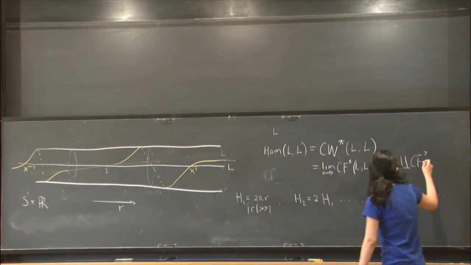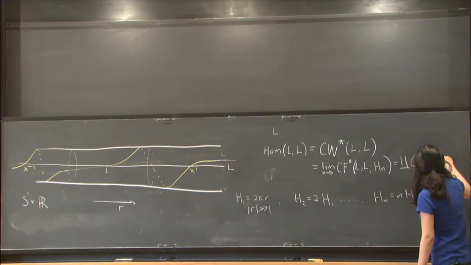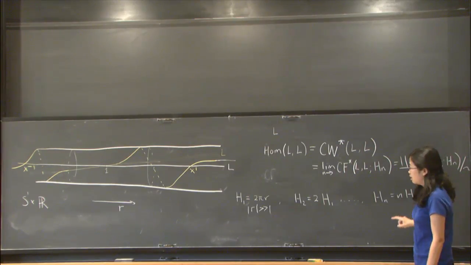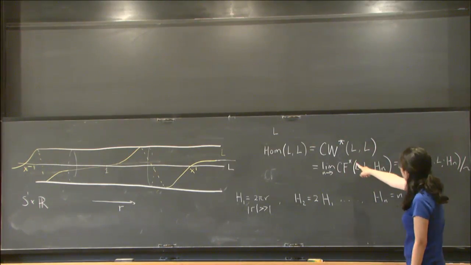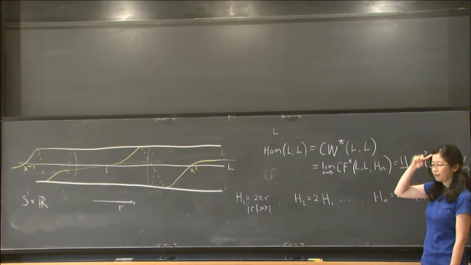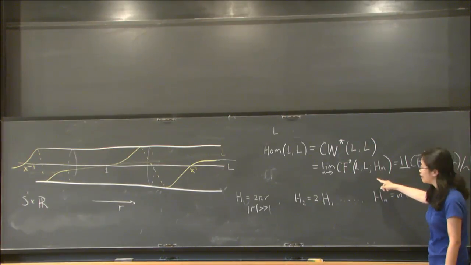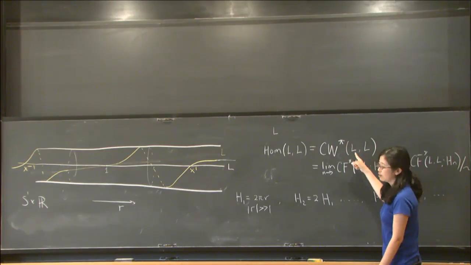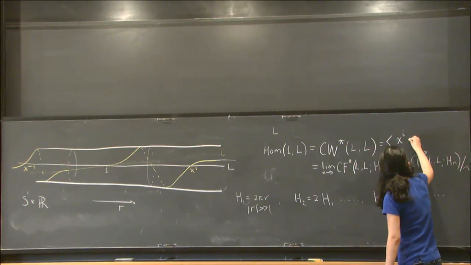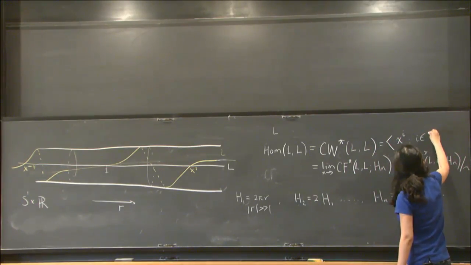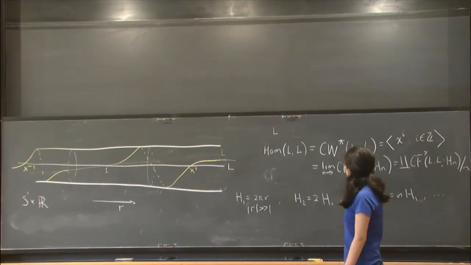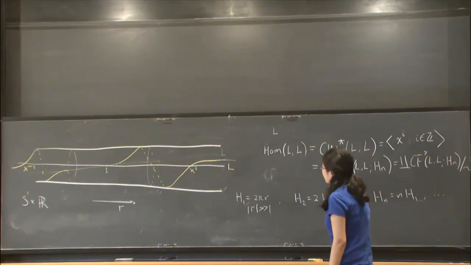So this is just take everything, and there's an equivalence by inclusion. And so this wrapped Floer complex is the limit of the ordinary Floer complex perturbed by this Hn. And this space is generated by all these xi's, where i is in Z.